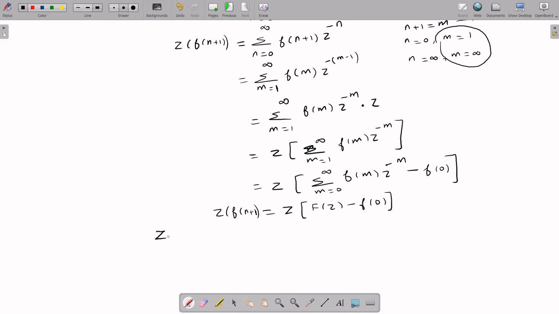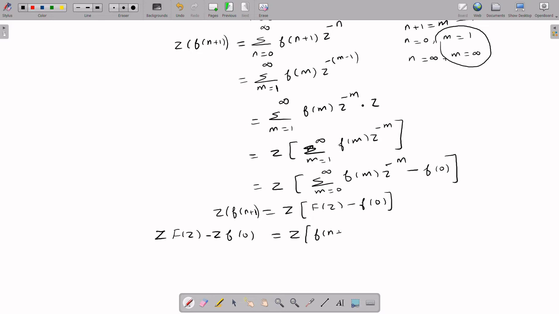You can write this as Z into f of Z minus Z into f at 0, which is equal to the Z transform of f of n plus 1.